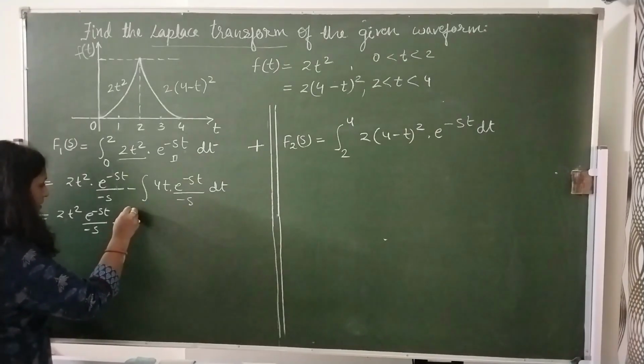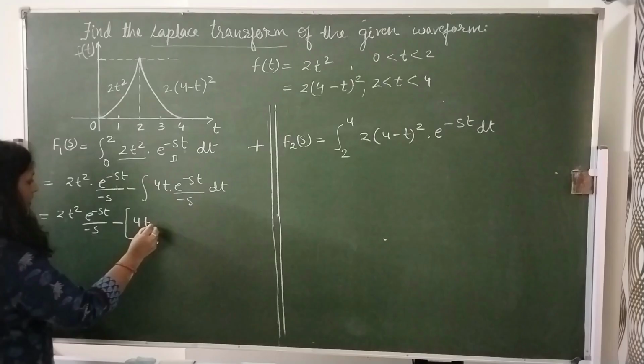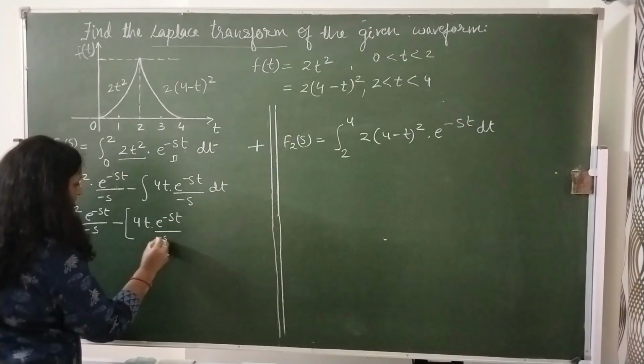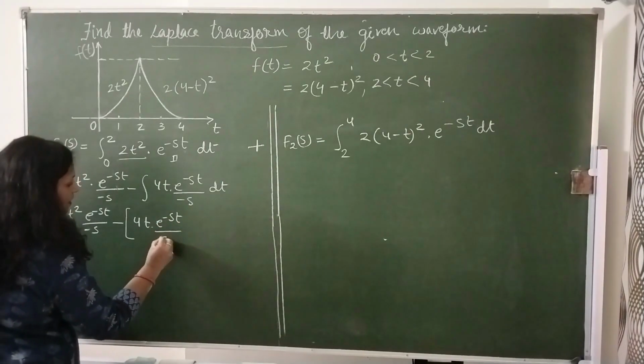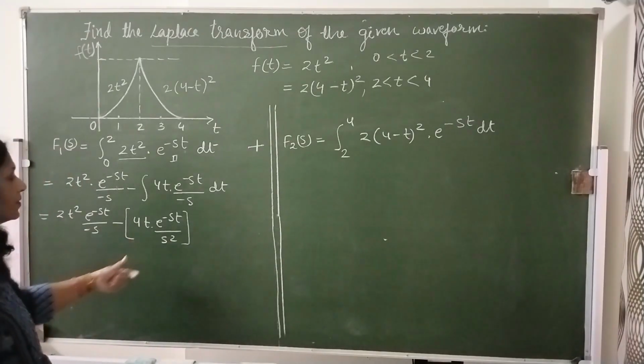Put a minus sign and a bracket. Differentiate this, 4t, and integrate this. That is minus s was already there, another minus s, that is plus s square. So this will become our second term.